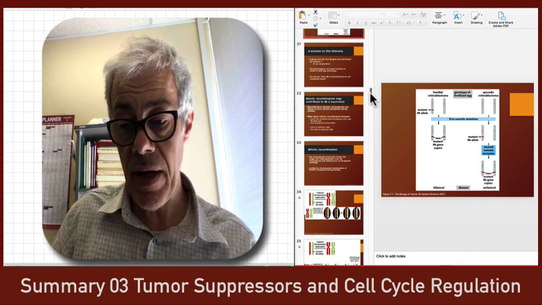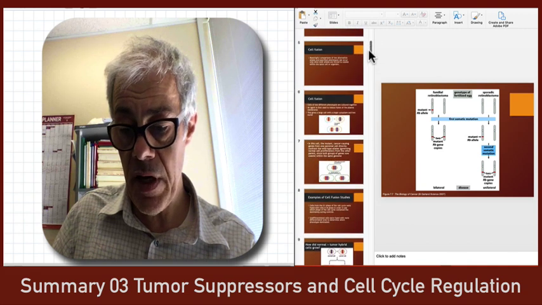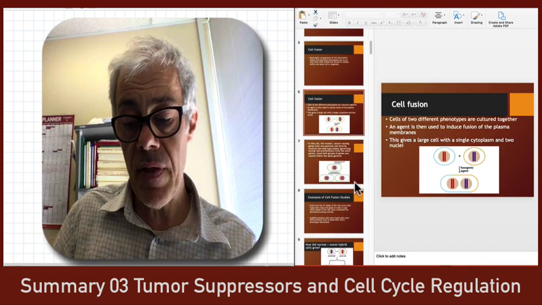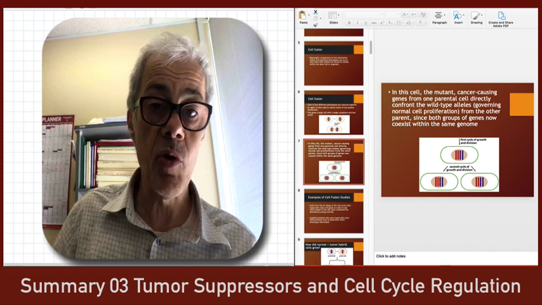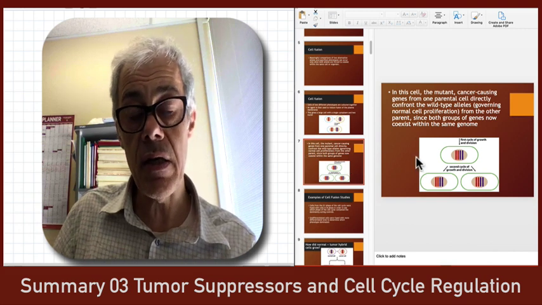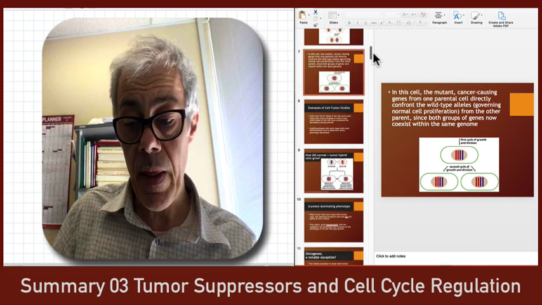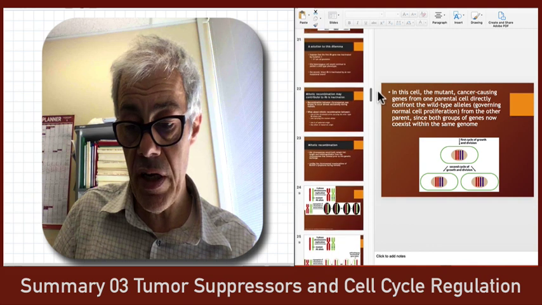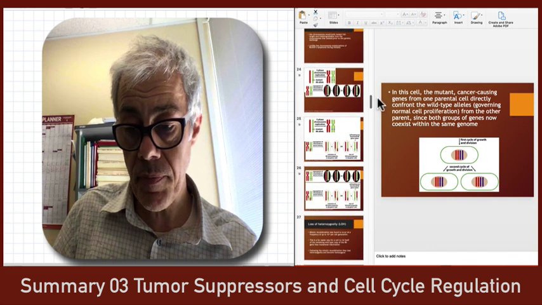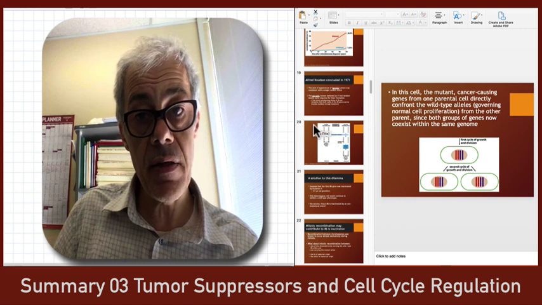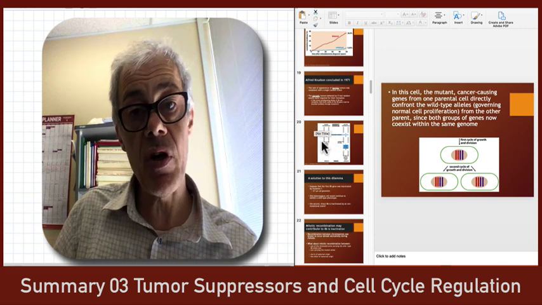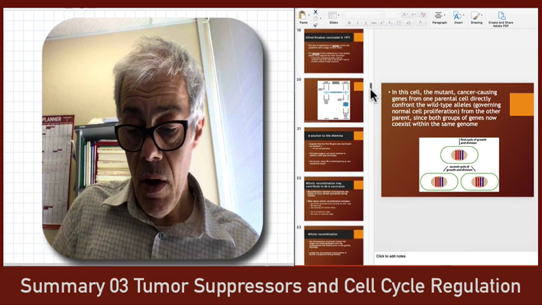And if you think back to this experiment here, it clearly showed that when you fuse two cells, a good copy from the normal cell can protect against the loss of function in the cancer cell. So same kind of story here. The good copy can protect against the mutated copy, and therefore you've got to knock out both copies. All right.